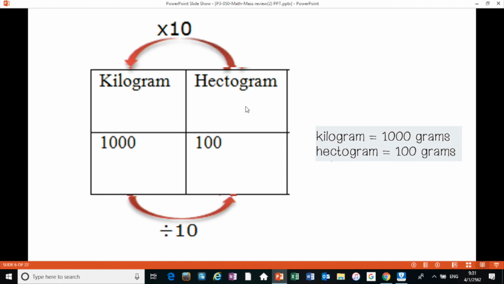But if we want to go from hectograms to kilograms, divide by 10. The rate of conversion is 10. So kilogram, how many grams? 1,000 grams. And hectogram, how many grams? 100 grams. Yes. 100 times 10, 1,000.